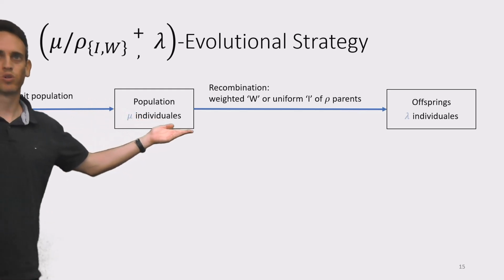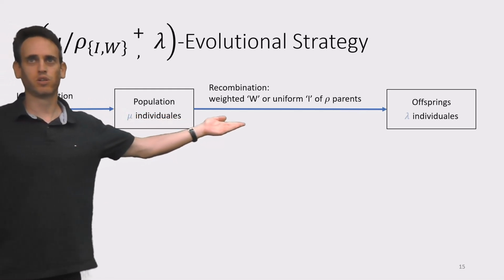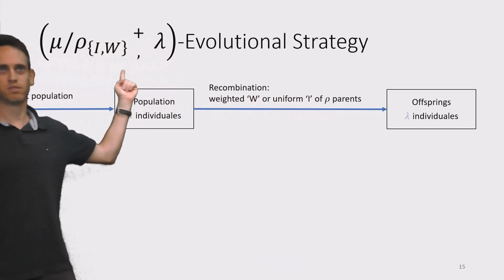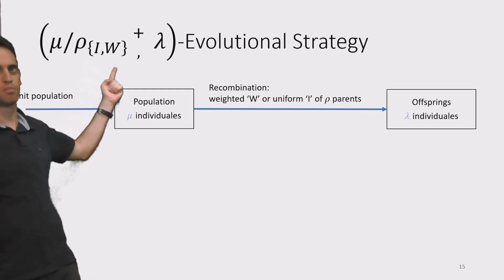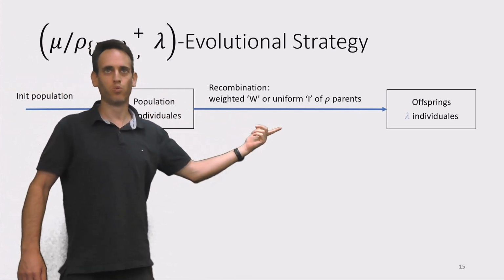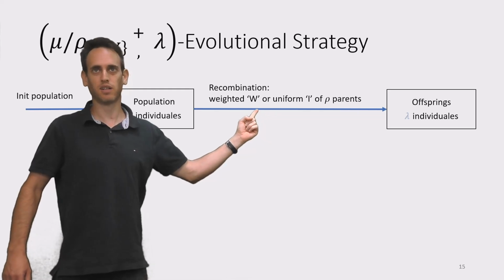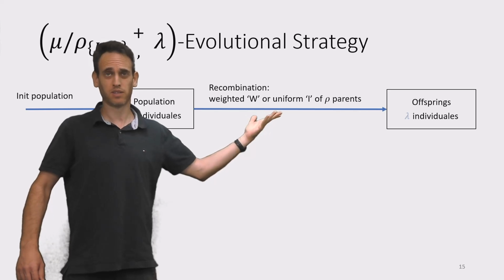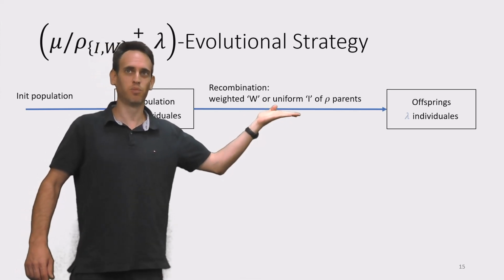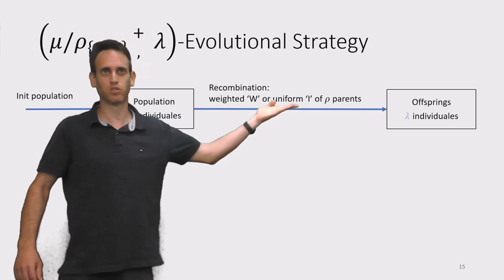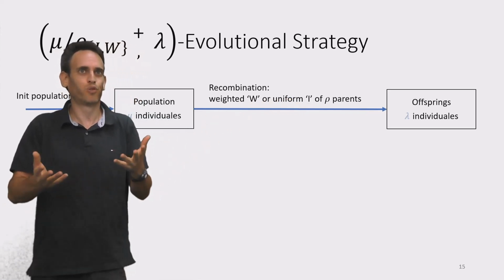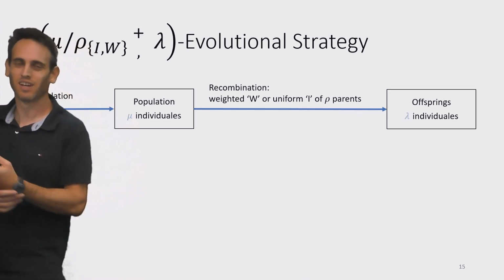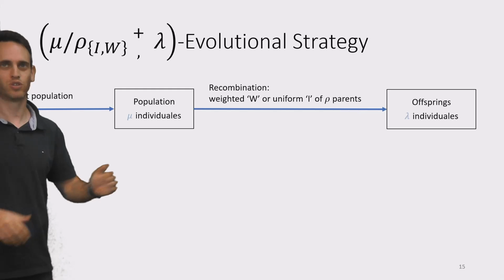Next, we're going to do recombination by considering rho, this is the rho from here, the rho fittest parents, the best parents. And we'll recombine these parents either in a weighted way, where we not only combine everything uniformly from the set of fittest parents, but we also differentiate between the more fitting parents and the less fitting parents within the fittest pool of individuals, of samples.